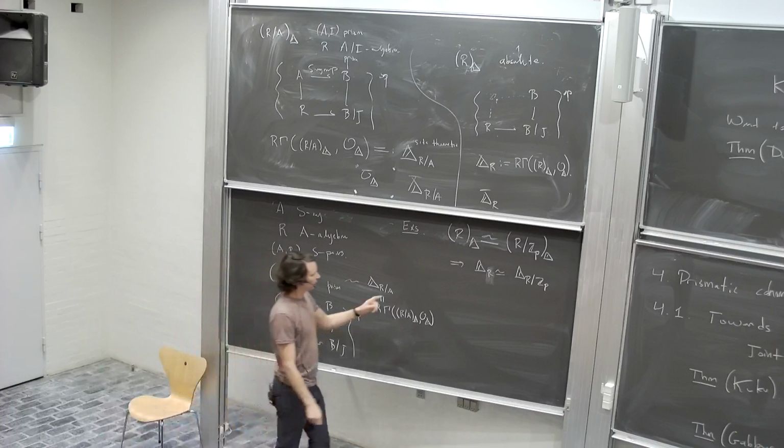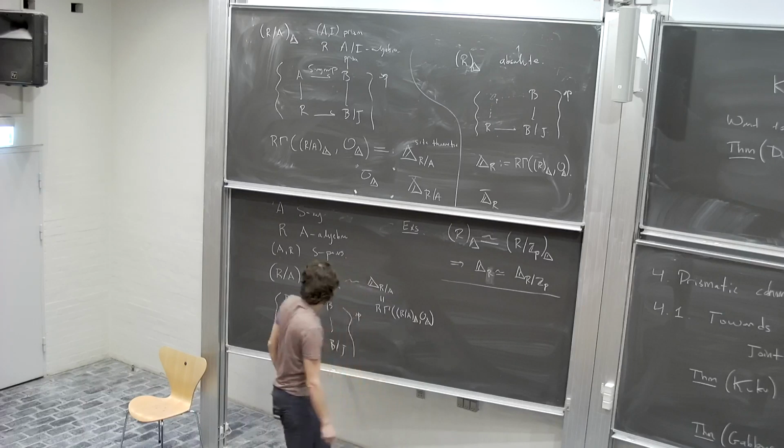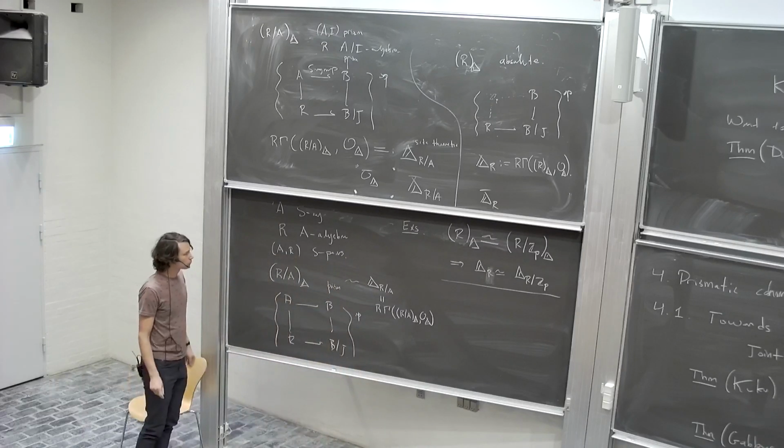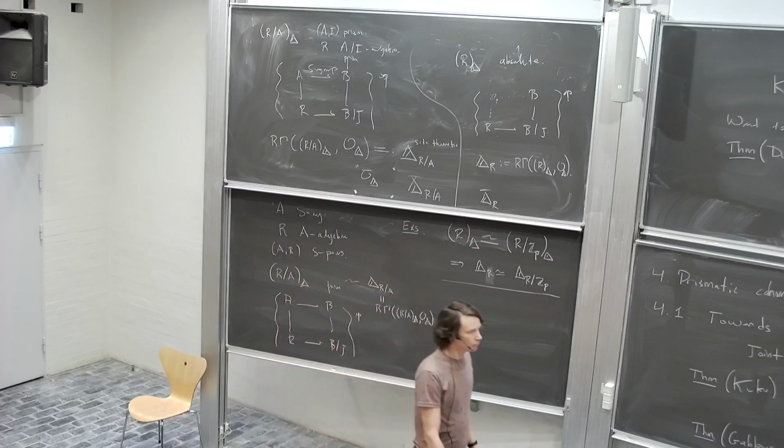And so this is one example. I haven't checked it for derived commutative rings, but at least for any animated commutative ring, it's fine.